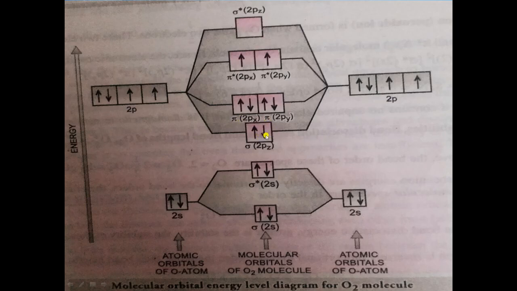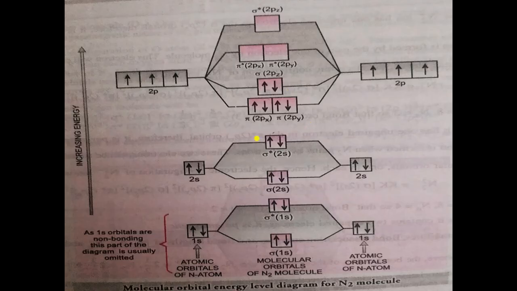That is why in the energy level diagram of nitrogen, the sigma 2pz molecular orbital is present above these two orbitals. I am showing you the energy level diagram of nitrogen. Here you can see that sigma 2pz is present above pi 2px and pi 2py, due to repulsion between sigma 2pz and sigma star 2s electrons.